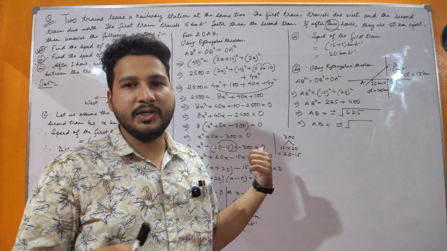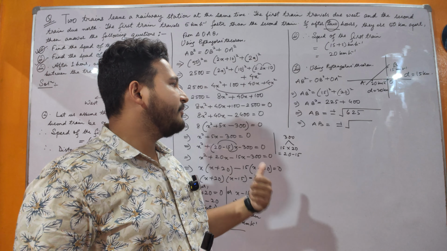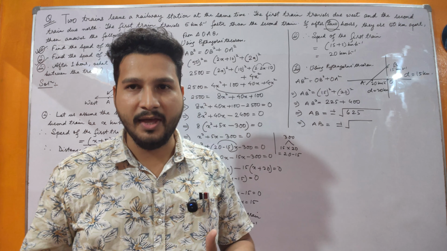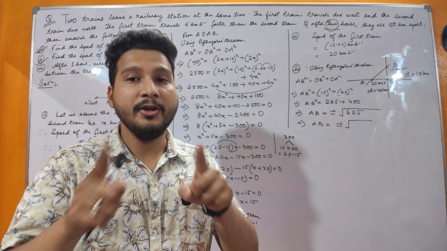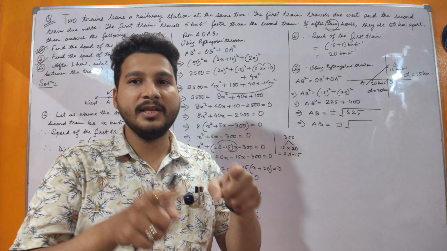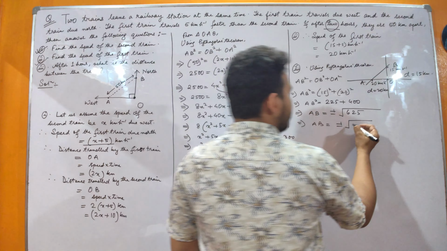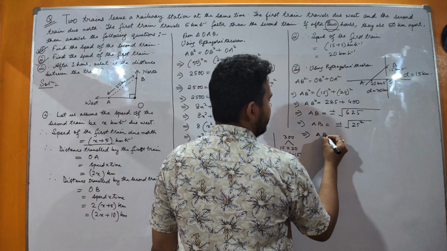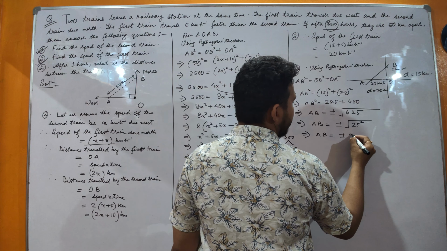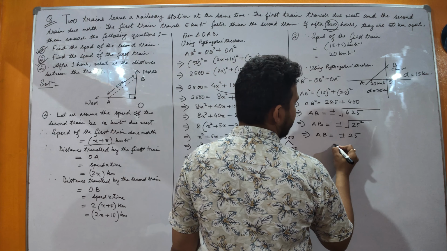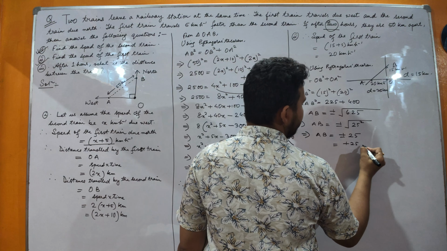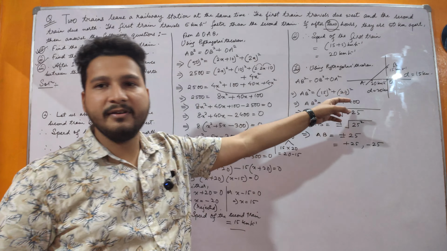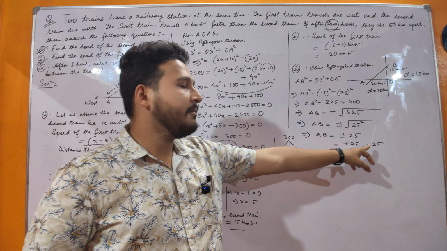It's a class 10 question. I hope every student knows the square root of 625. That's 25. So AB is equal to plus minus 25. We can write plus 25, the other is minus 25. But distance can never be negative, so we cannot take minus 25.